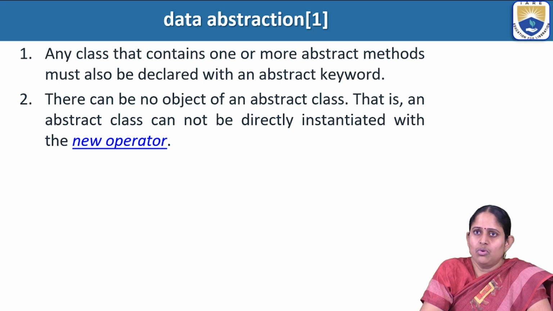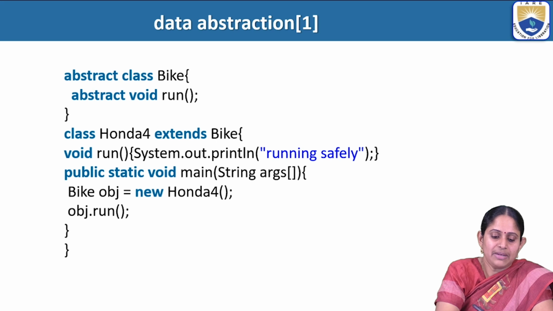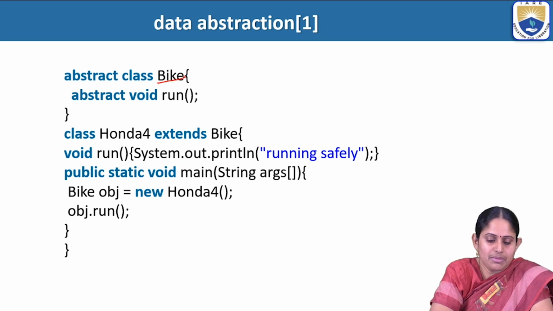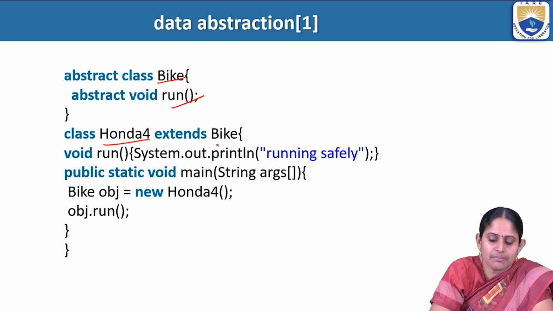An abstract class can contain more than one abstract method, and you cannot create any object for this abstract class. They cannot be instantiated with the new operator. For example, let's say we have a class named Bike, and we have the abstract method run. The Honda 4 class is inheriting the Bike class.